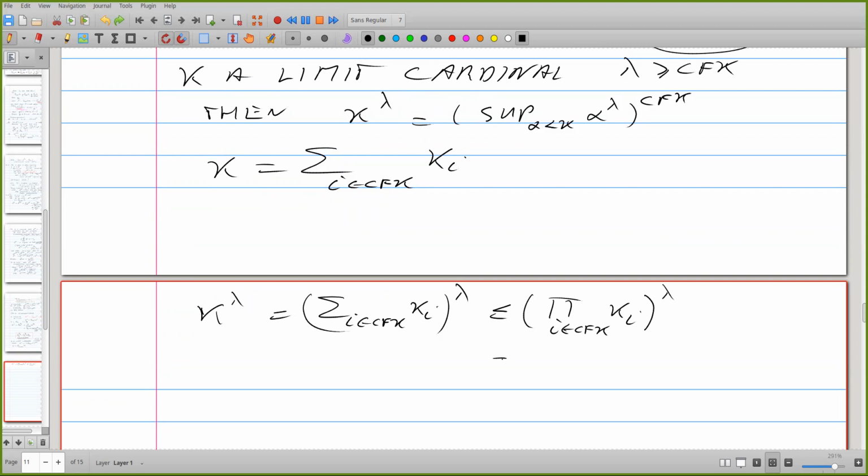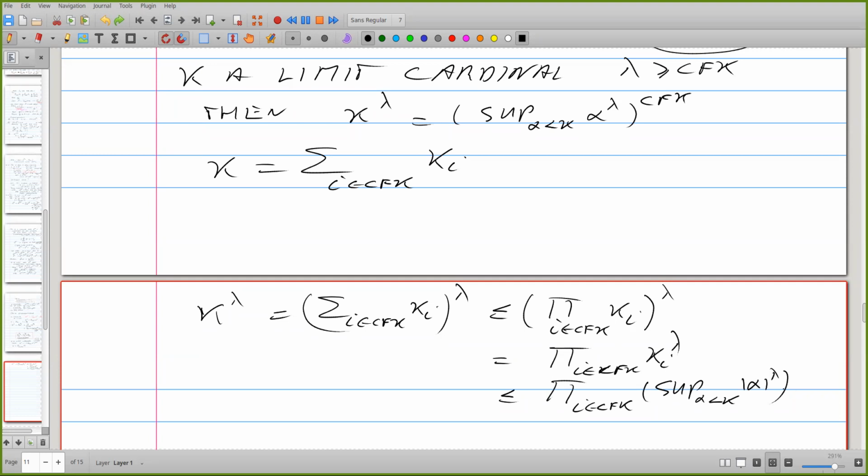And now, of course, we can use the commutativity and all the other properties of cardinal multiplication. And again, each kappa i is less than or equal to the supremum of the cardinals below kappa.